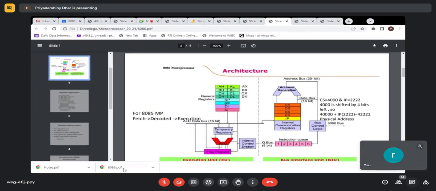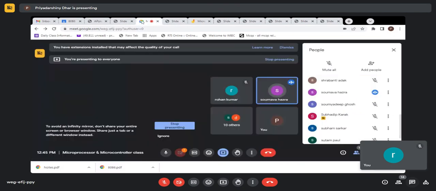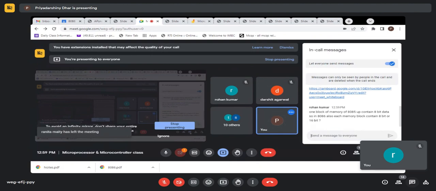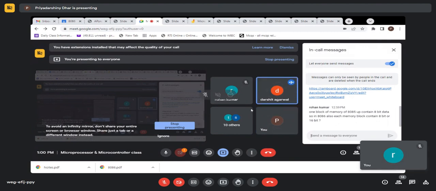One block of memory in 8085 contains 8 bit data, so in 8086 also each memory block contains 8 bit or 16 bit data? Did everyone see? Yes, ma'am, it will be 16 bit data, there are 16 data lines, so it will store 16 bit data.